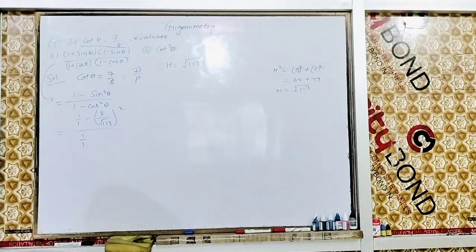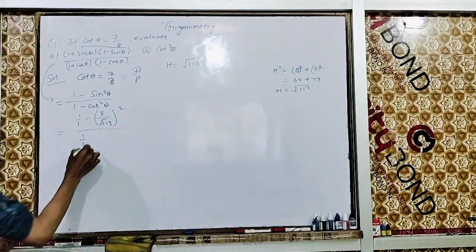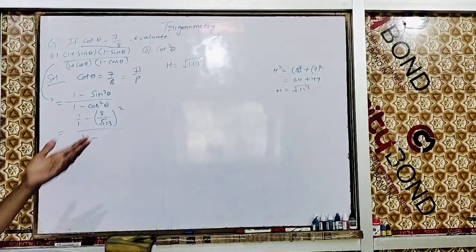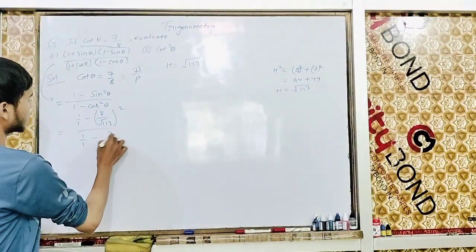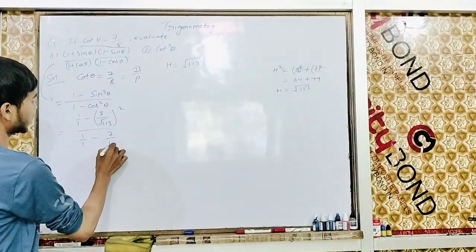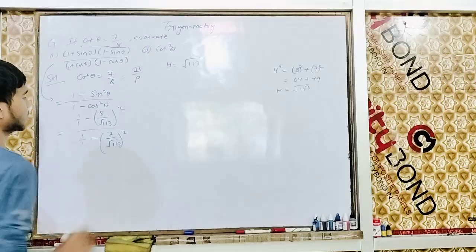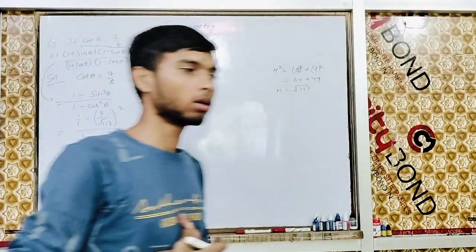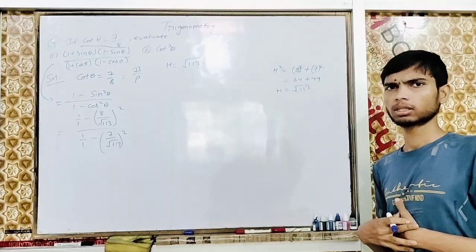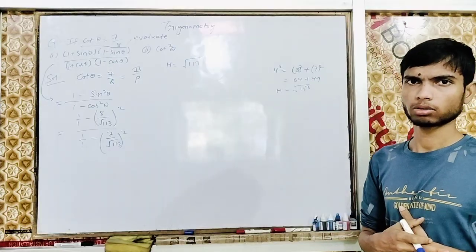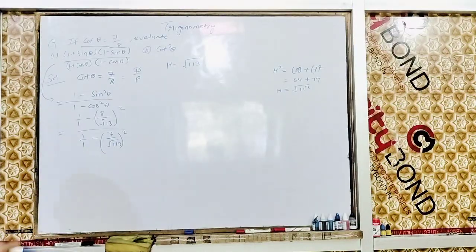In the denominator we have cos, which is B upon H. B is 7 and H is root 113. We have substituted the values of sine and cos. Now just simplify it, then you will get the answer.